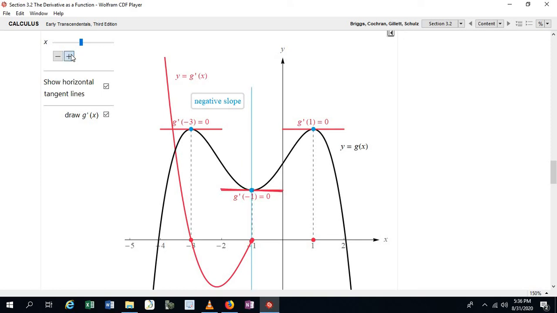And then on the other side of -1, the slopes of these tangent lines are starting to become positive, and that's why the graph of the derivative is above the x-axis. Okay, and so in a very similar way, at some point, the slope of that tangent line is going to be as positive as it's going to get. And so the graph of the derivative is going to start dropping once that happens.